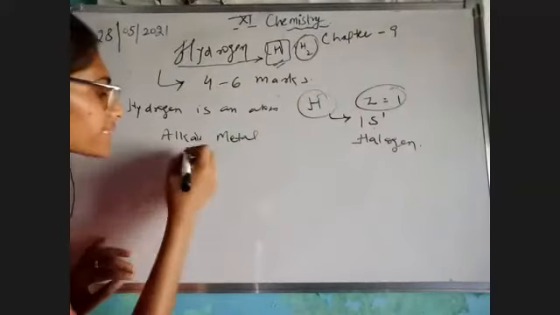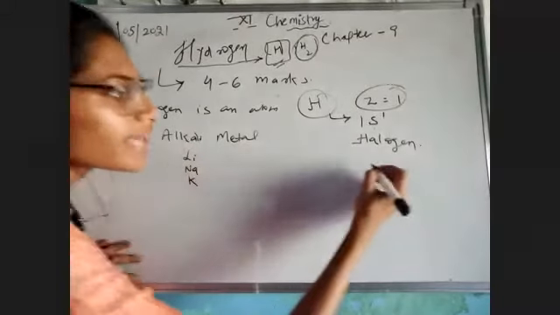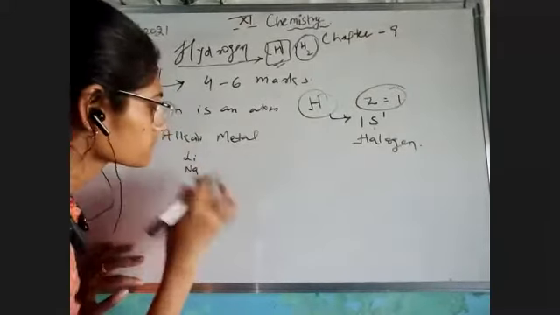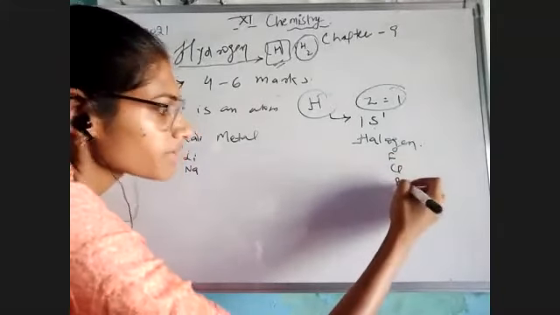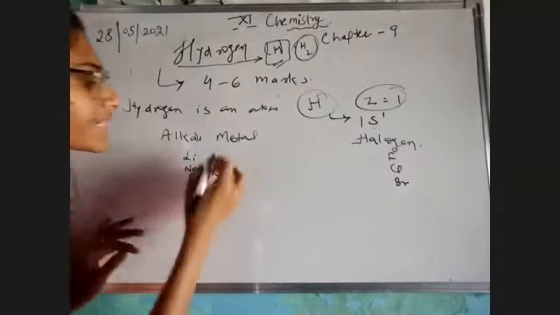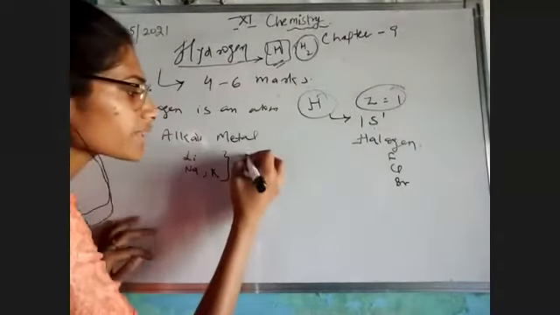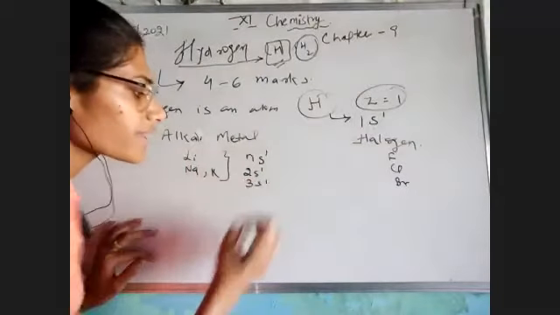We know very well that our alkali metals are lithium, sodium, potassium. Halogens are fluorine, chlorine, bromine. Okay. And we know that the electronic configuration of alkali metals is ns1, that is 2s1, 3s1, and so on.